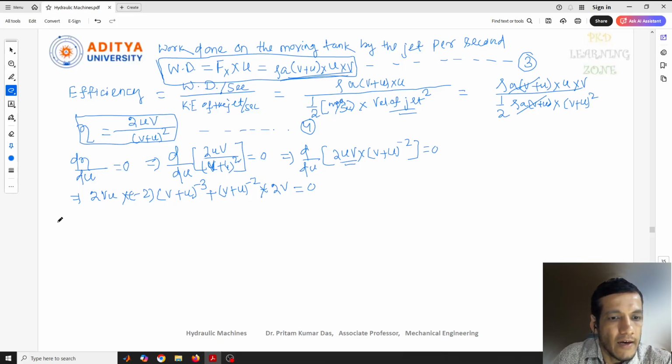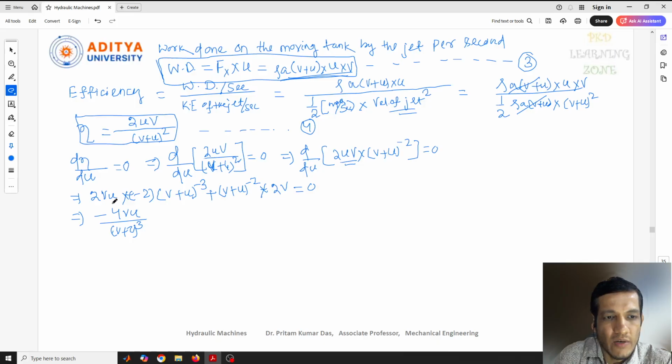Now we can write minus 4vu, and the minus cube term we take to the denominator, so that means (v plus u) whole cube.